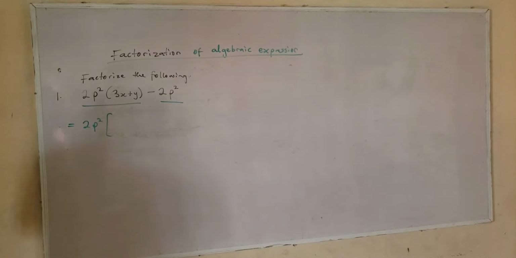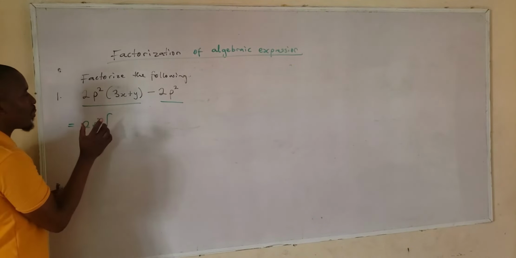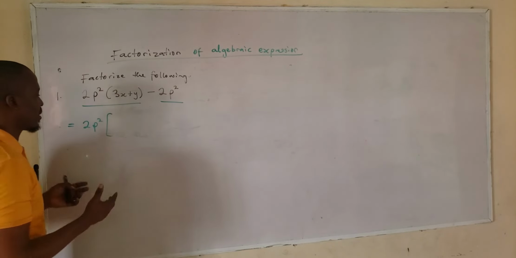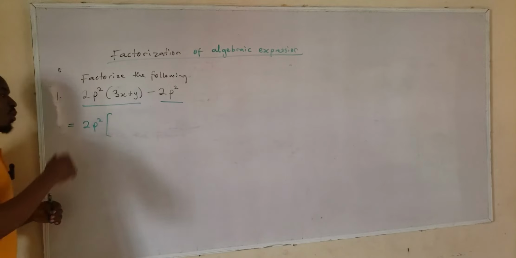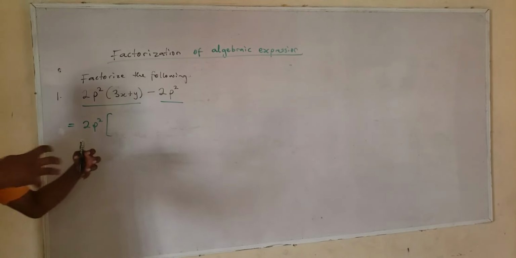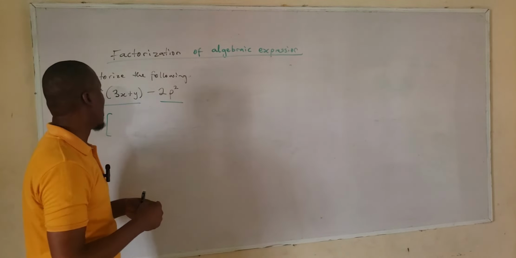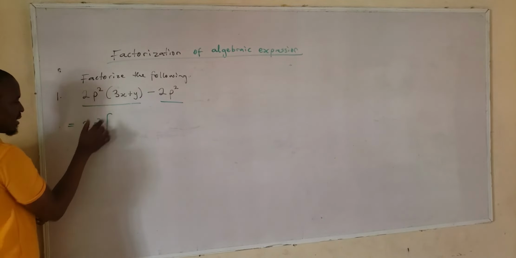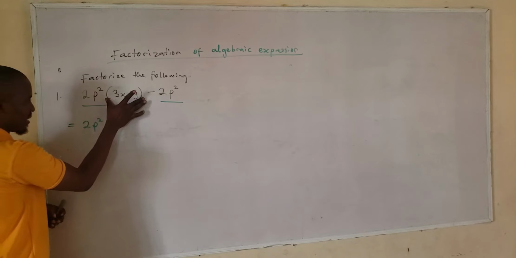Okay, you open a bigger bracket. Why am I opening a bigger bracket? Because I have something already in a bracket. So it's wise for me to open a bigger bracket that can accommodate the other bracket. Now, when I bring out this one here, if you divide the whole of this by this, you have this bracket remain.